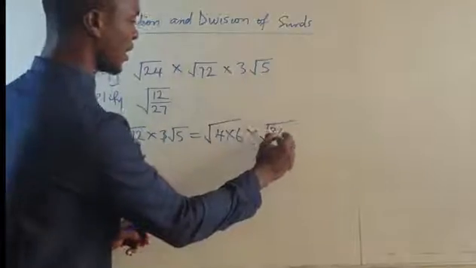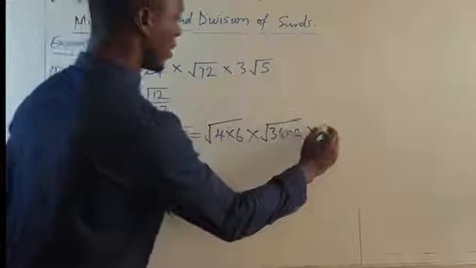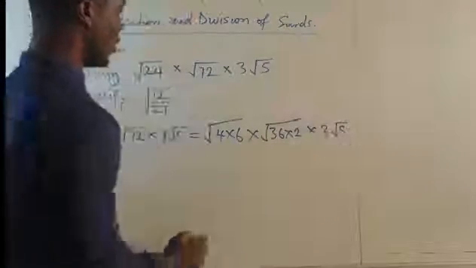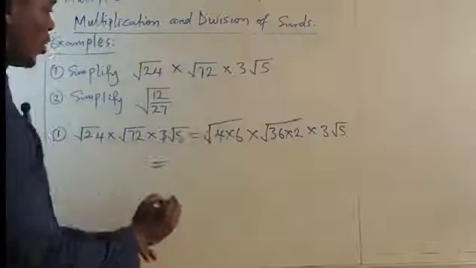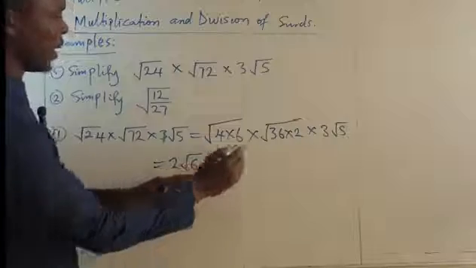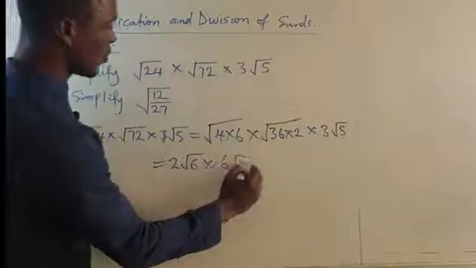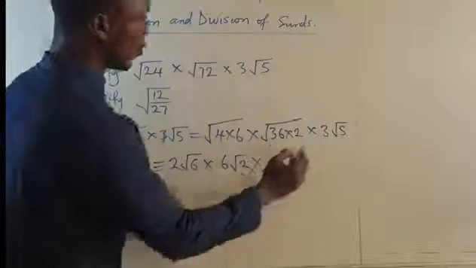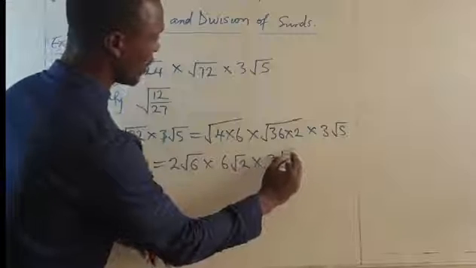So we have 36 multiplied by 2, then multiplied by 3 root 5. We are going to simplify further as square root of 4 is 2. So we have 2 root 6 multiplied by square root of 36, that is 6 root 2, multiplied by 3 root 5.